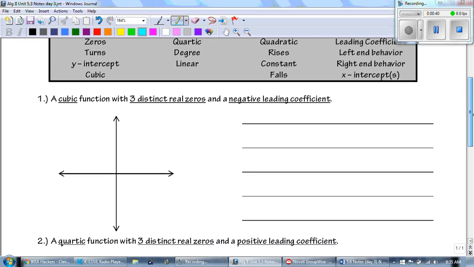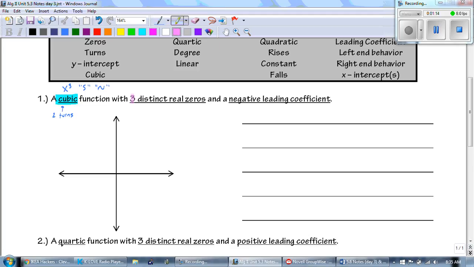All right, so let's look at our first graph that we are asked to do. First, they're saying it needs to be cubic. If something is cubic, that means it is cubed, right? And that's where we have the S graph, or some people call it the N graph, which means that there are two turns.